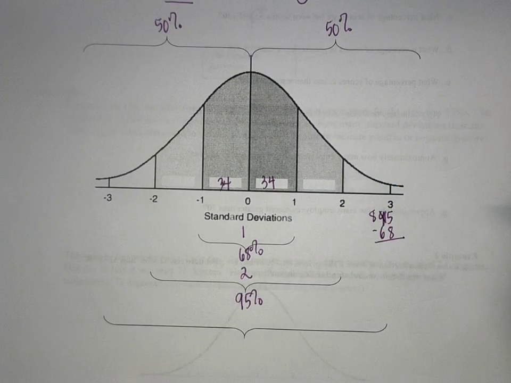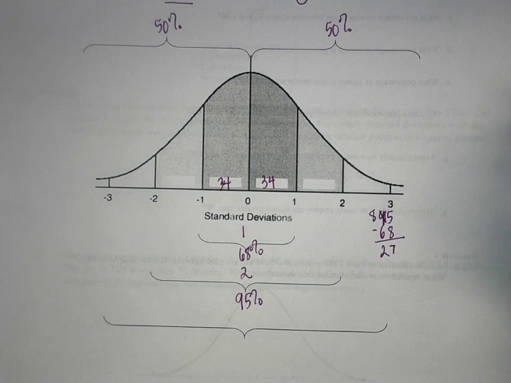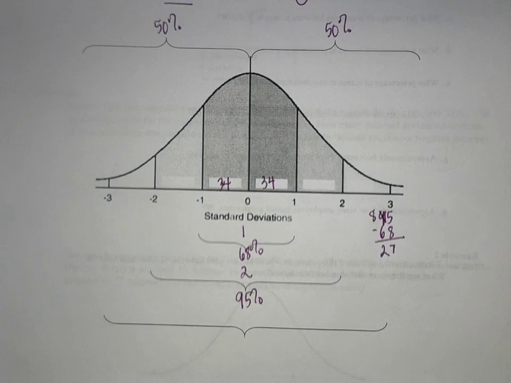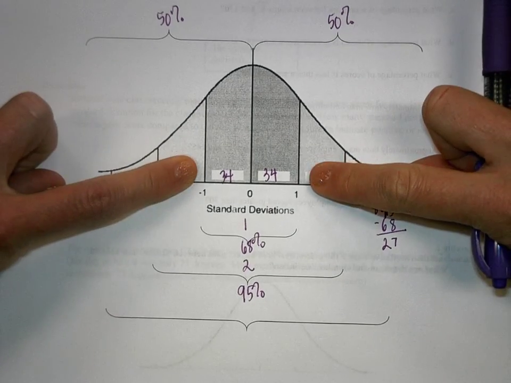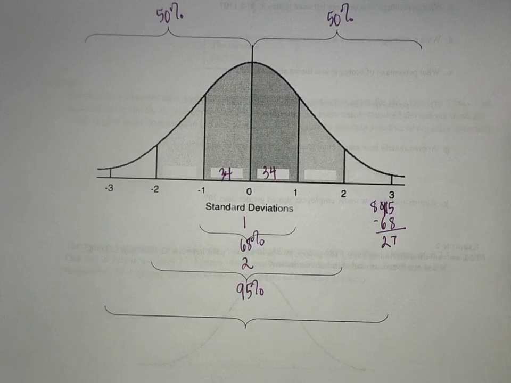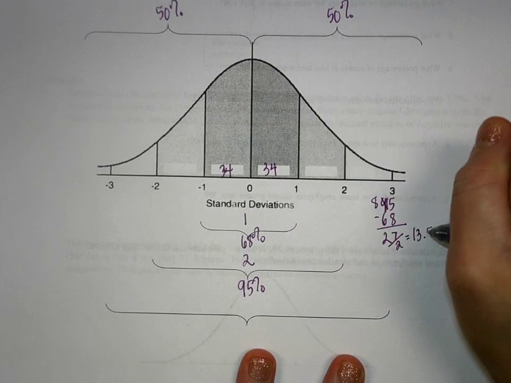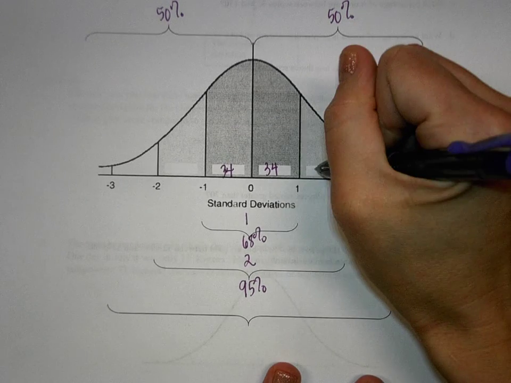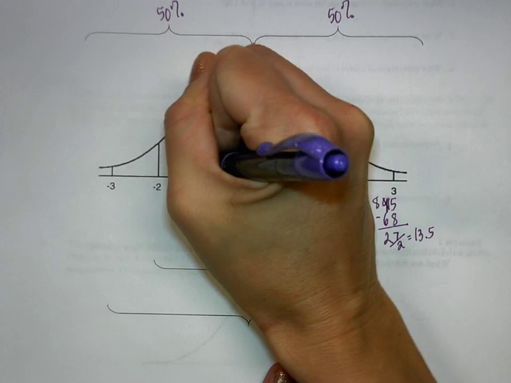Or you could use a calculator. And then 15 minus 8 is, thank you. Okay, that was tough. I didn't know that. Okay, so 27. That means this and this together make 27. So how do I figure out how much goes in each spot there? Divide by 2, which is actually 13.5. So right here, this is 13.5% of the data, and this is 13.5%.